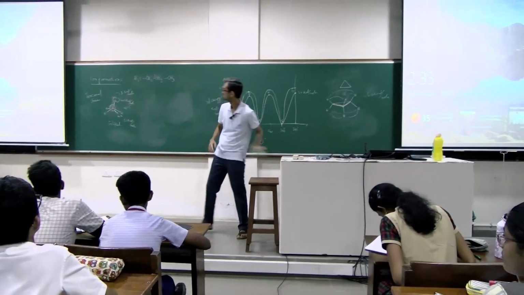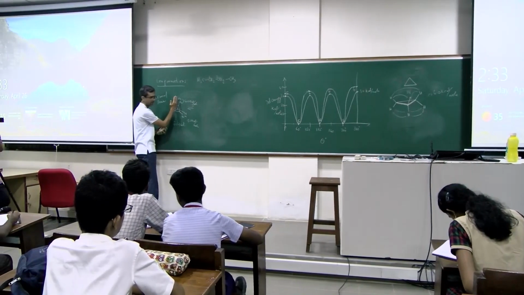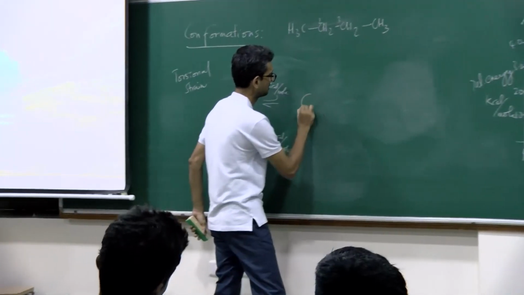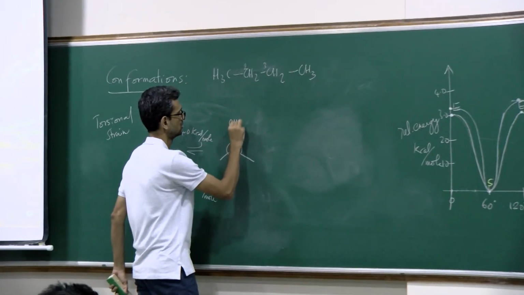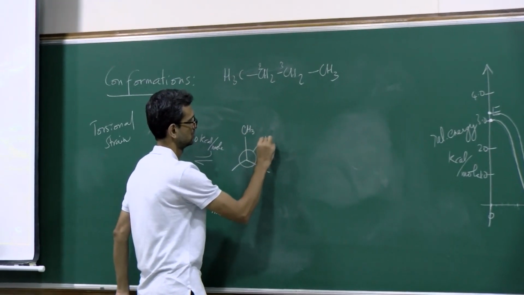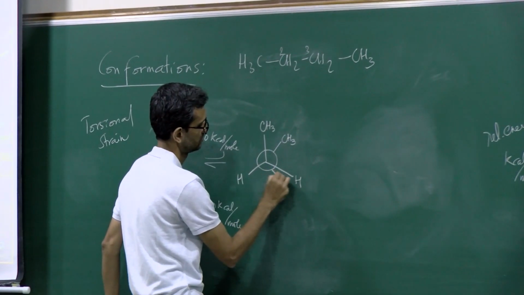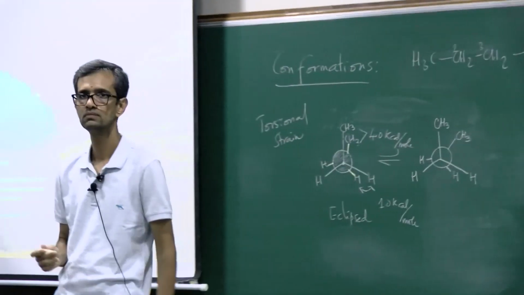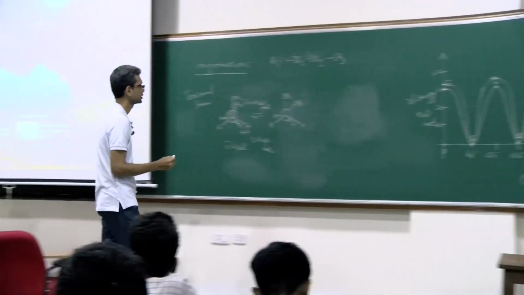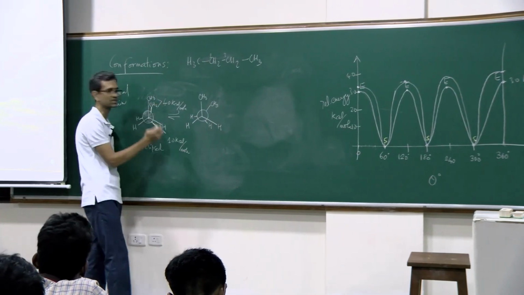So if you rotate this methyl away from this methyl 60 degrees, the second structure would be looking something like this, right? Rotating 60 degrees. The methyl behind, you have rotated it to 60 degrees.